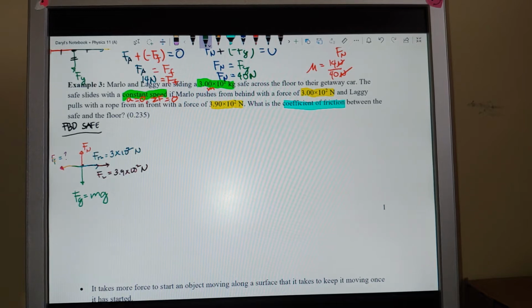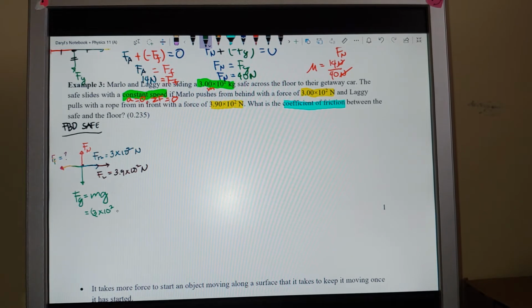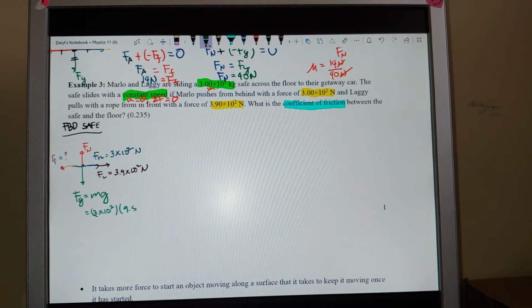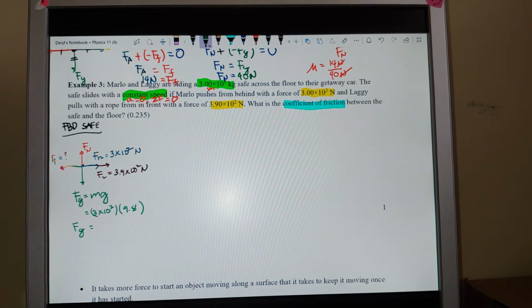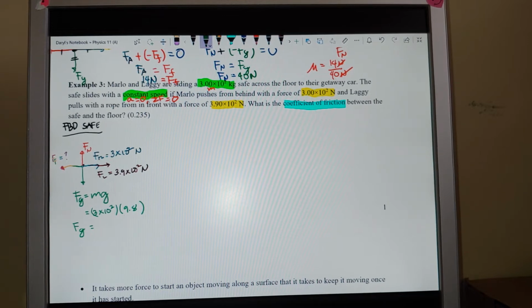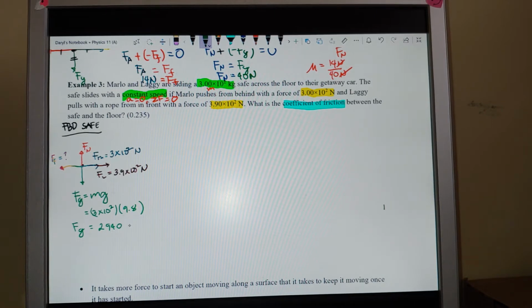If we solve for the weight, it is given by the product of the mass and the acceleration due to gravity. This would give us 294 newtons.